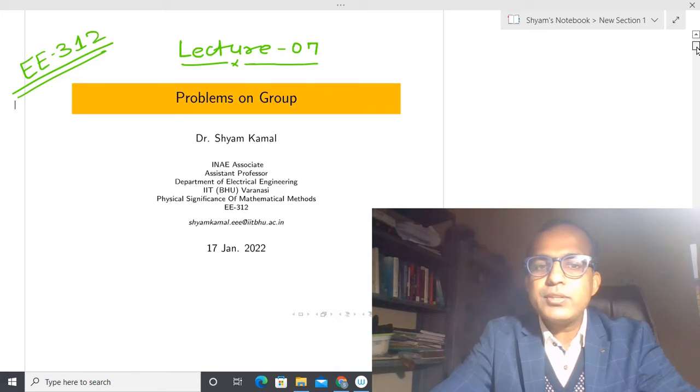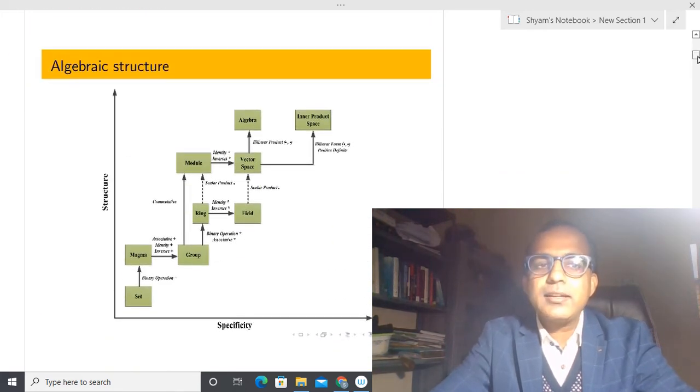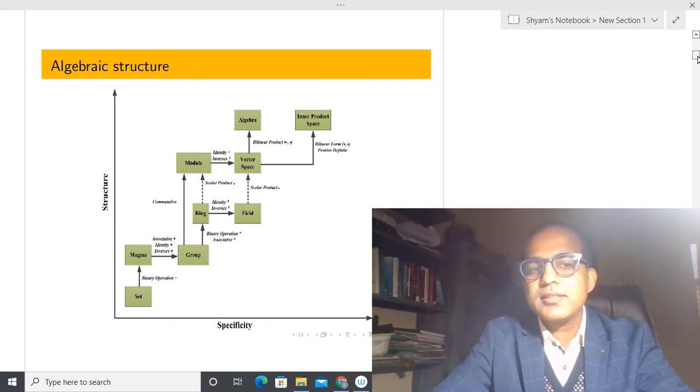If you see the previous class, we have already seen this structure, which is called an algebraic structure, and we have already seen the significance of set. After that, Cartesian product, functions, we covered magma, and after that in the previous class I talked about the group.